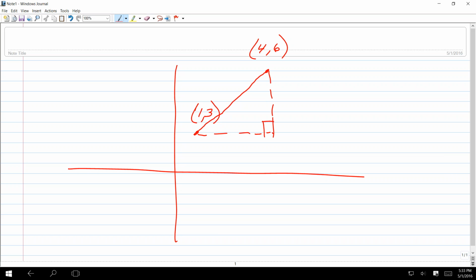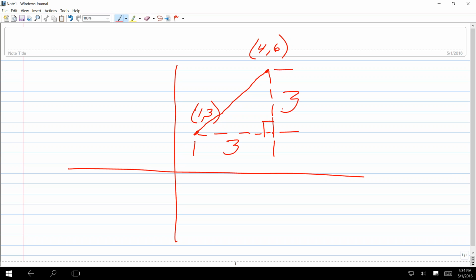And the hypotenuse of a right triangle is always the square root of the sum of the squares of the other two sides. Well, what is that distance right there? 3. Yeah, it's the distance between the x-coordinates. What's this distance right here? 3 also.